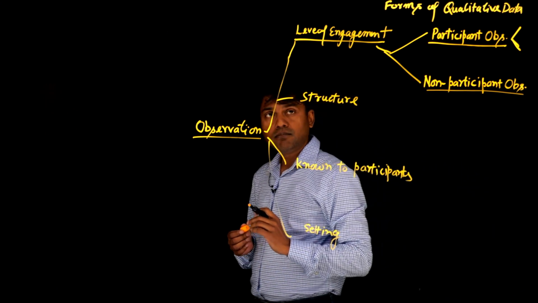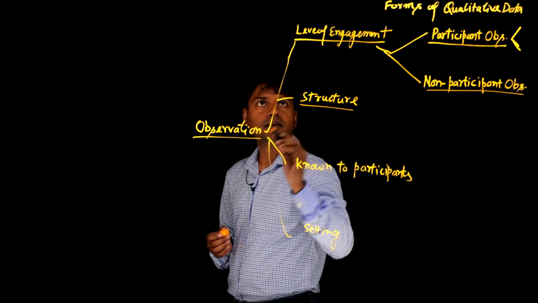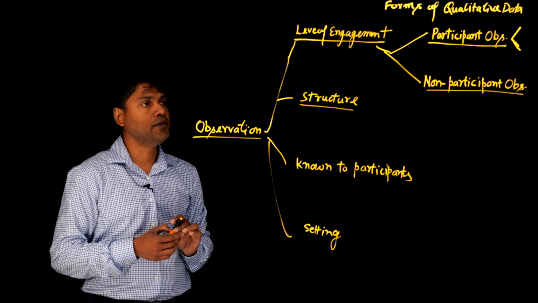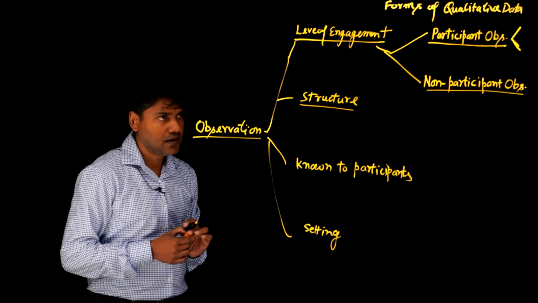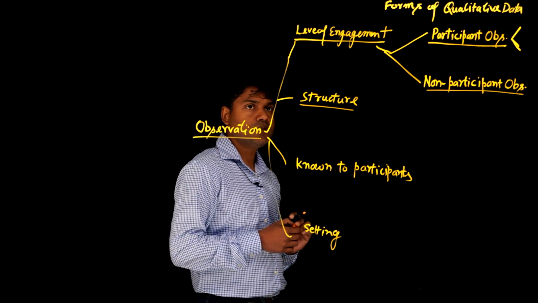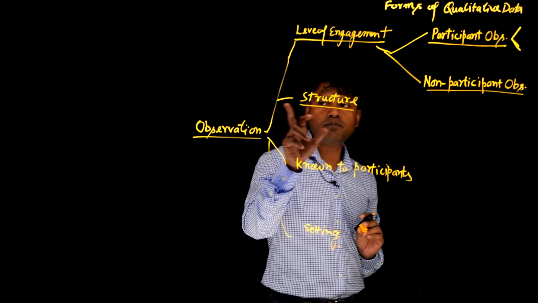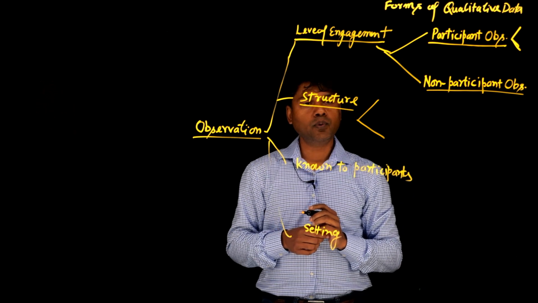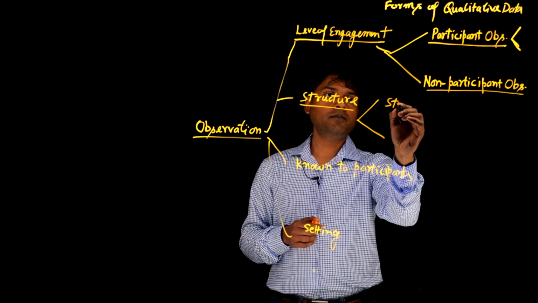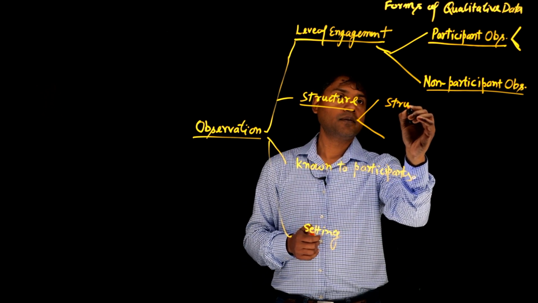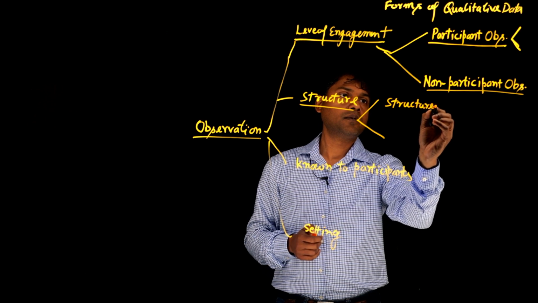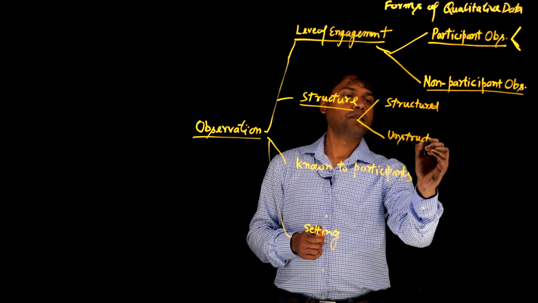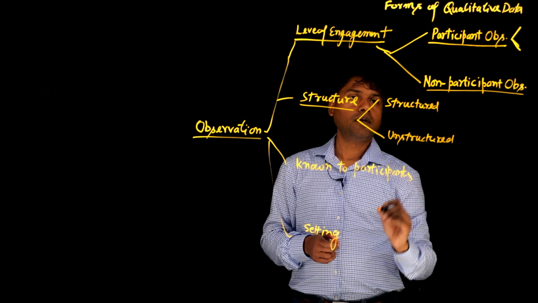Now let's look at another reference: observation from the point of structure. From this context of structure, there are two ways of observation: structured observation or unstructured observation.